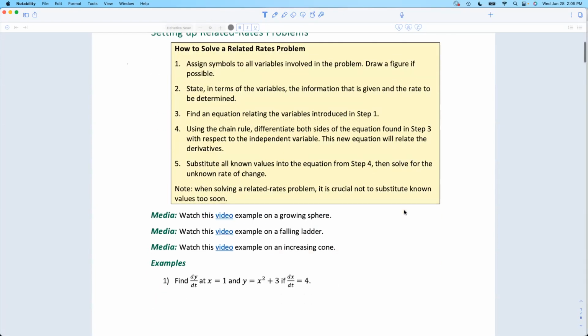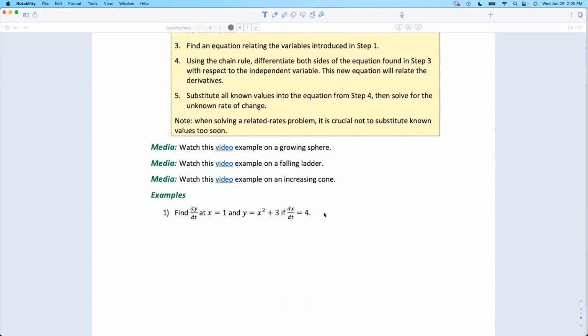Okay, so let's look at one example here that doesn't have any words in it. It's just mathy. So I've got some relationship between X and Y. In a wordy problem, I would have to figure out this relationship. It wouldn't just be handed to me.